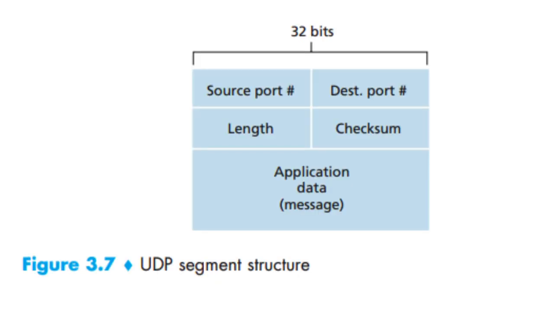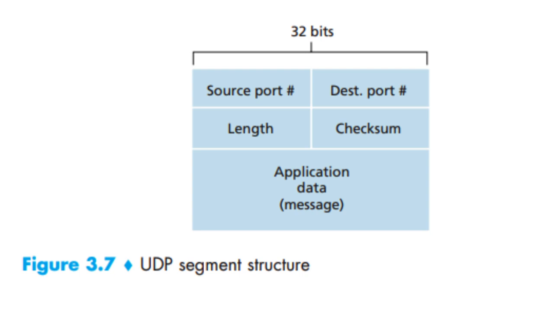UDP checksum. As shown in the figure of the UDP segment structure below, UDP stands for User Datagram Protocol. The UDP checksum provides for error detection. That is, the checksum is used to determine whether bits within the UDP segment have been altered, say for example because of noise in the links or while stored in a router, as it moves from source to destination.